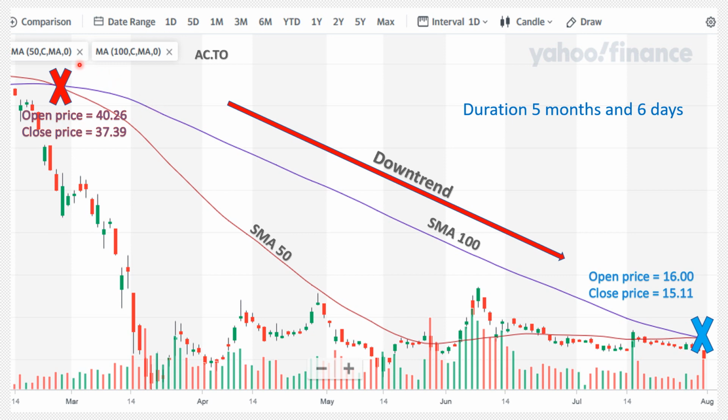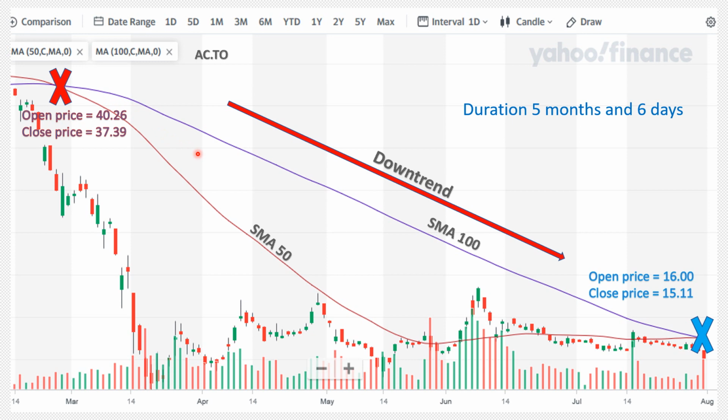And the last condition is the smaller moving average, SMA 50, should cross the longer moving average, SMA 100, while going downward. It is true. The point of intersection must be above the price. It is true. This is the point you have to exit the market.